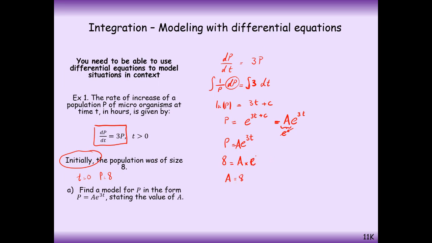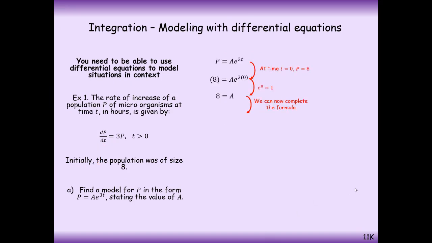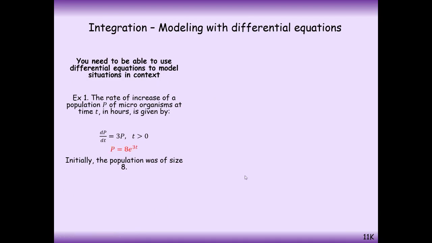Let me write e to the power of 3 times 0, and this simplifies to 1. Having found the value of A, we rewrite the model as P equals 8 times e to the power of 3t.